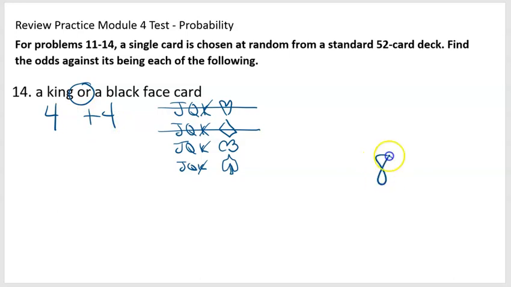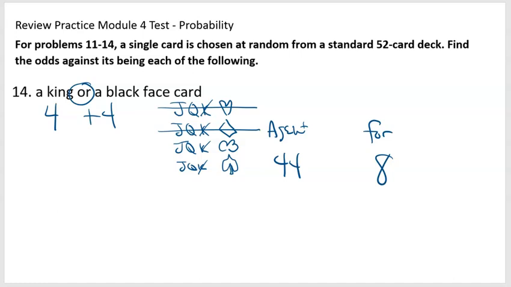So there are 8 on the 4. So if you're a king or a black face card, there's only 8 cards in the deck that meet that criteria, which means 52 minus 8 is going to be 44 against. So there are 44 cards that are neither a king or a black face card, and there are 8 cards that are either a king or a black face card. Okay?